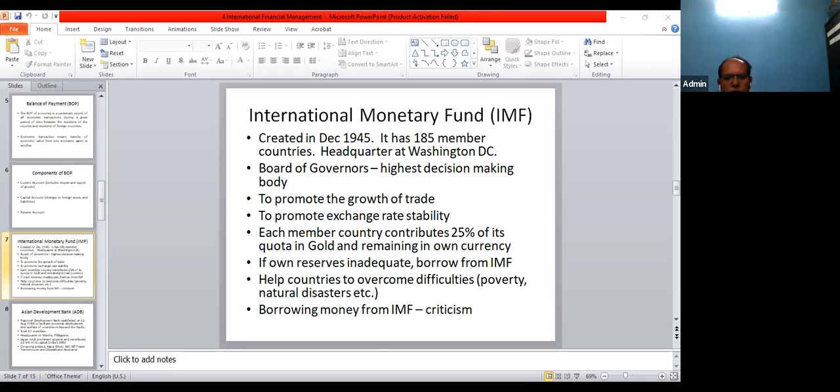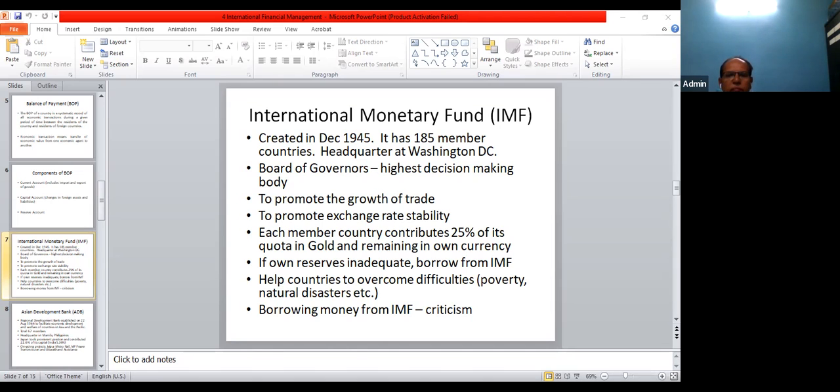Even today, if a natural disaster happens, it has a very adverse and bad impact on a particular nation's economy. So in order to overcome this difficulty, the IMF provides funds to the affected country.